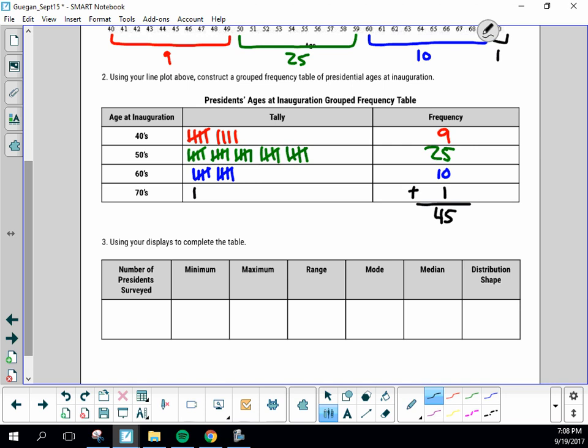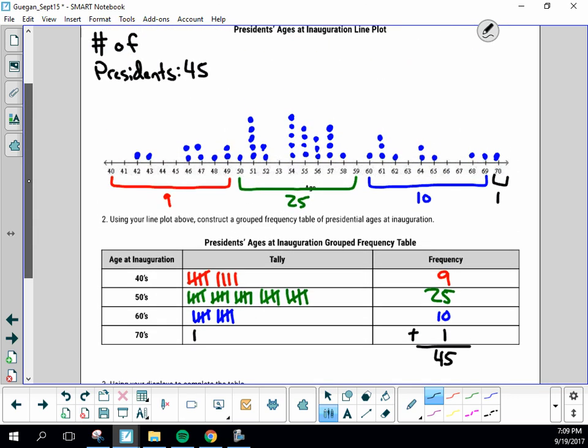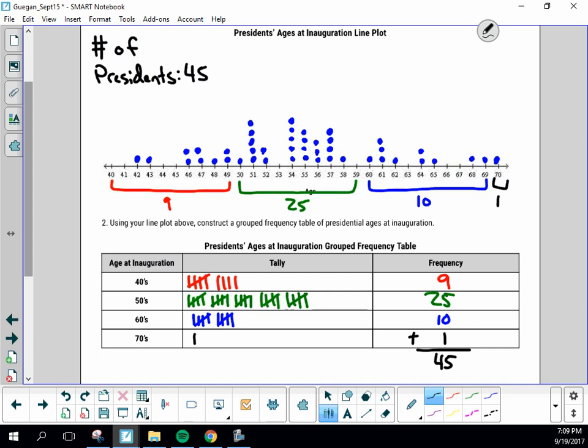It says using your displays to complete the table. Number of presidents surveyed. We already know that. That should be 45. Okay. Our minimum value, if we go back up to our line plot or dot plot, we're looking for the smallest value that's represented on the plot, and that should be that 42 there.